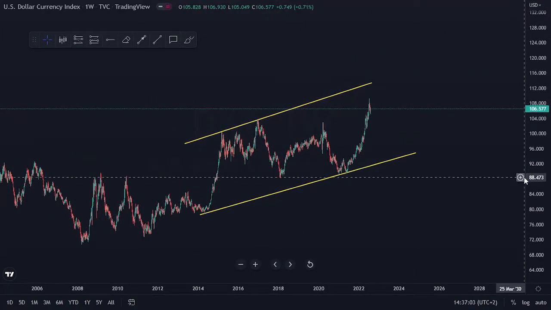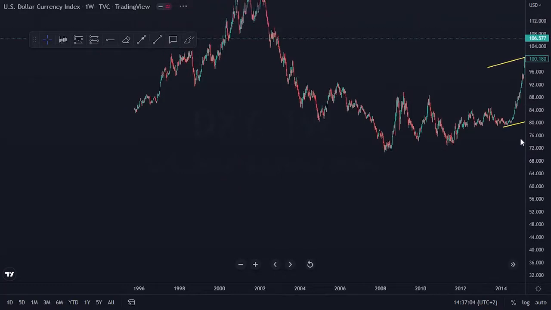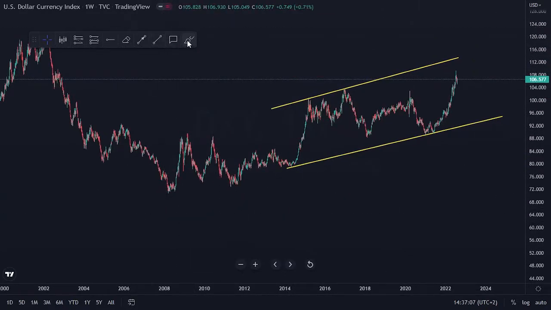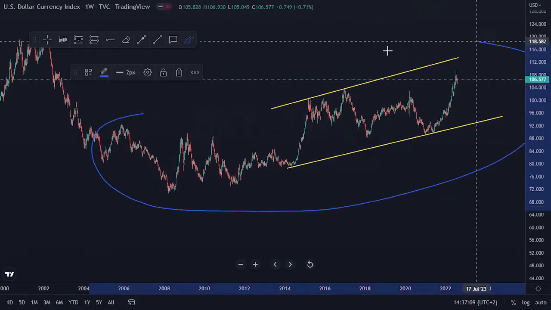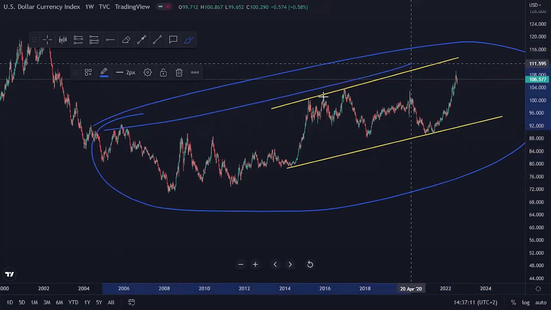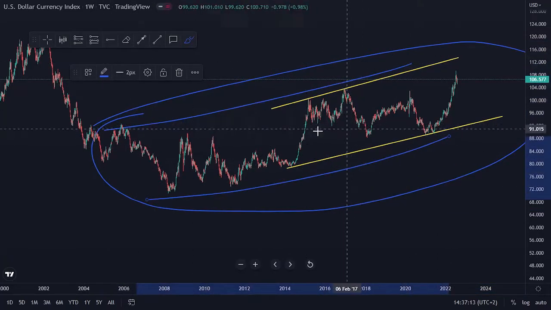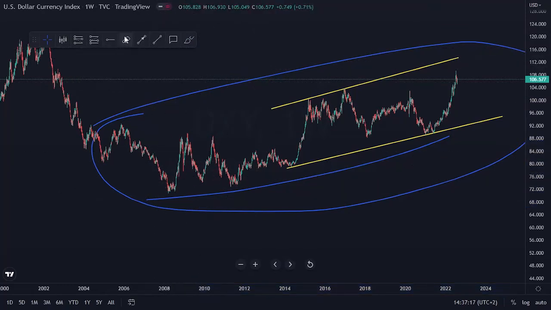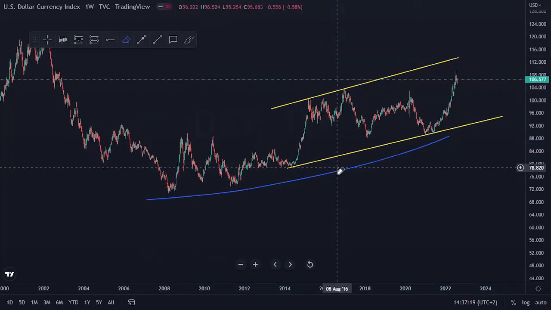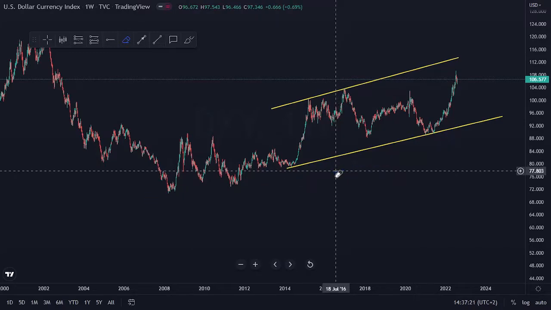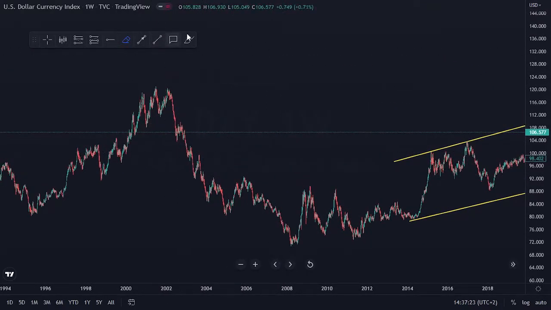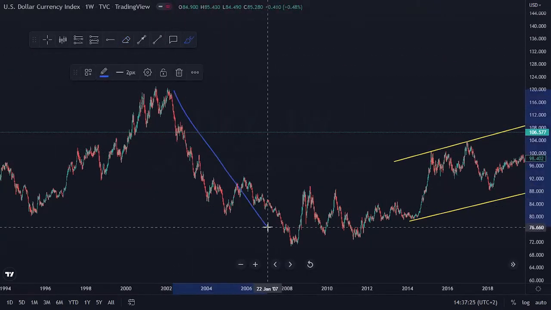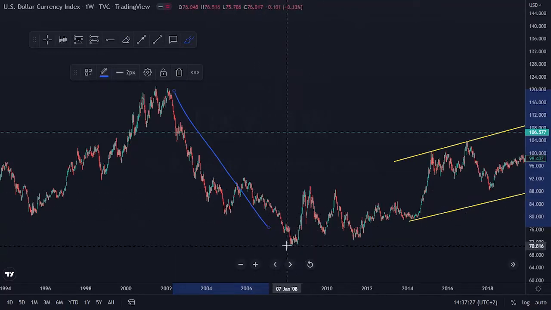On the weekly chart, we can clearly see that, but we are keeping in mind the fact that this whole move here is corrective. This whole move here is a correction, so we know all in all this is an ascending type correction. Previously we had more of an impulsive move to the downside. So let me go to the left so that you may see what I'm talking about. This whole move here is part of the impulse correction.